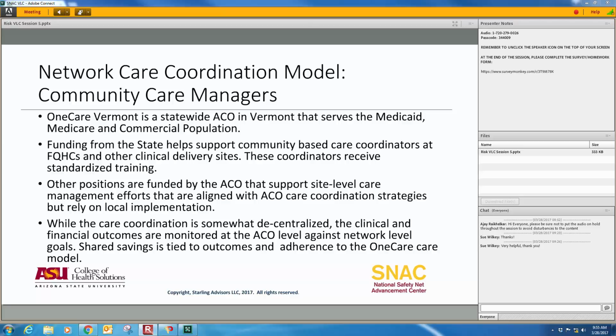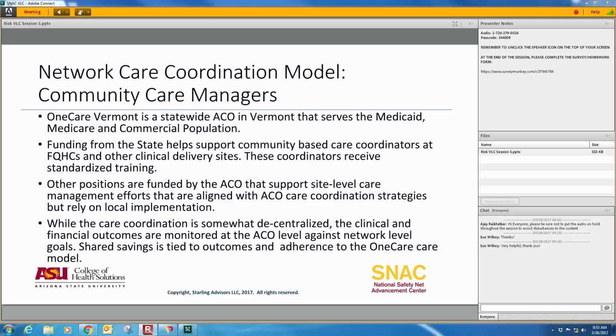Every community has these community care coordinators in place, and many of them sit at federally qualified health centers and other safety net care delivery sites. So the funding for that is separate from what goes on with the ACO.